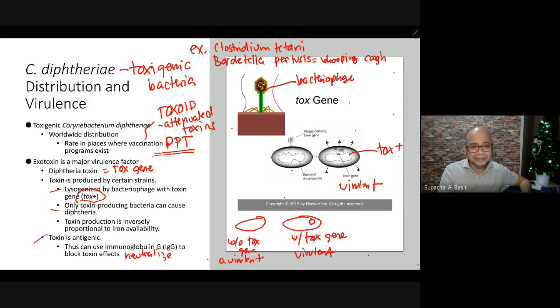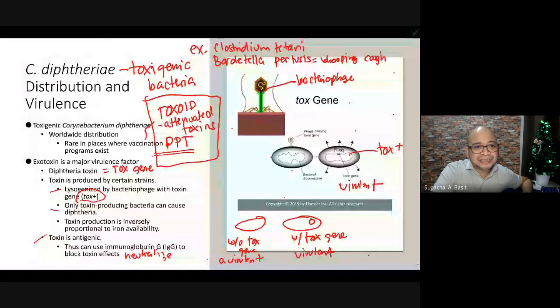But if we do not want to get infected, it is very important that we immunize our children with the toxoid DPT. Because if we give them DPT, then we prevent diphtheria. So there's no need to neutralize the existing toxin present in the body. Prevention is better than cure. That's what they say.